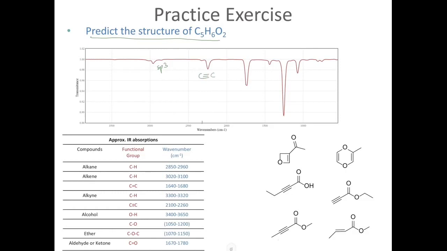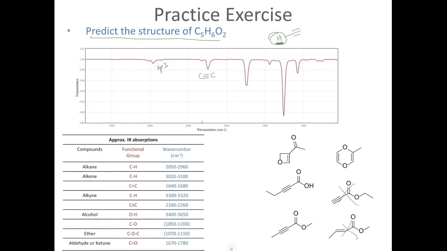But we can also figure out that it's not going to be a terminal carbon, because if it is terminal we should be able to see the proton here in the 3,300 or 3,250 region. We don't see that here, so therefore it's not going to be terminal.